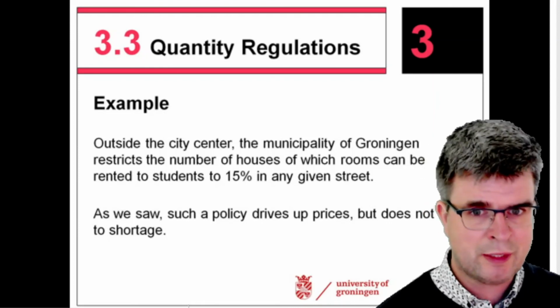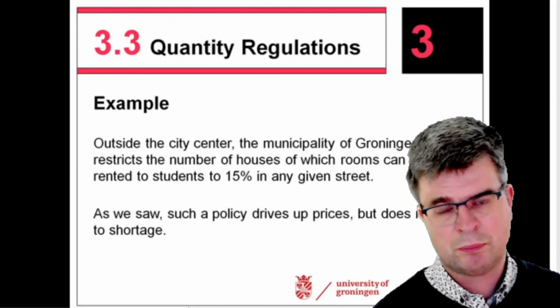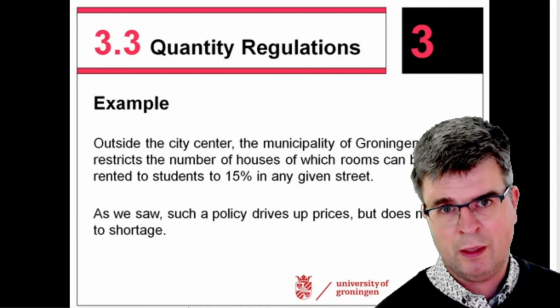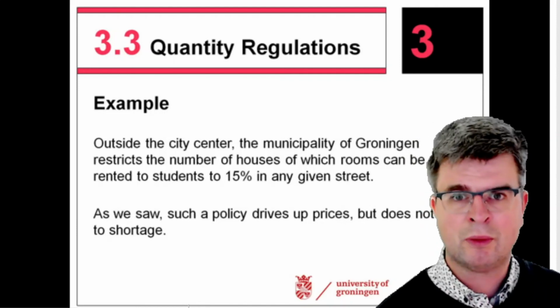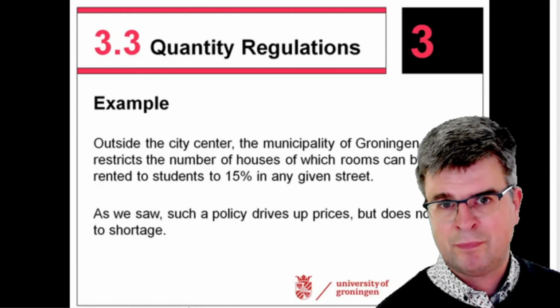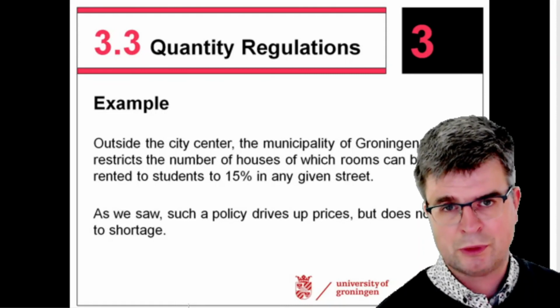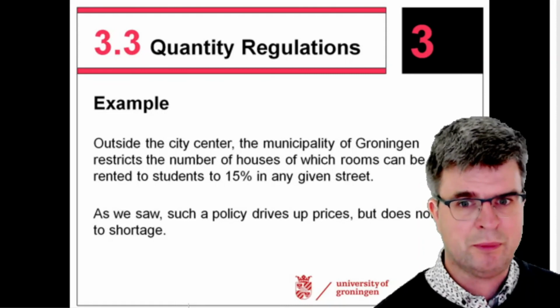So because of this regulation, which the municipality has probably installed because they want to have a mix of people living in neighborhoods and not have student-only neighborhoods, the cost of this regulation is that the prices of student homes go up and are much higher than they would be without a quota.